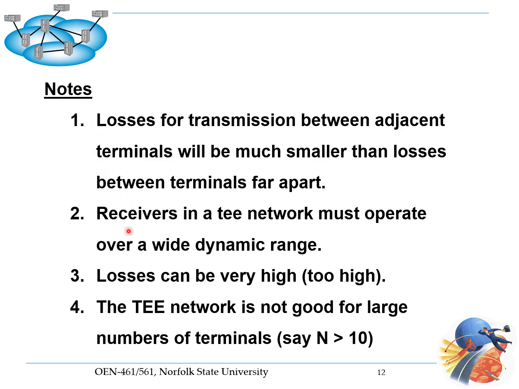So receivers in this network must operate over a wide dynamic range to be able to measure a wide range of optical powers. With many stations connected to this network, losses can be very high. And we know that those losses scale linearly with the number of terminals.